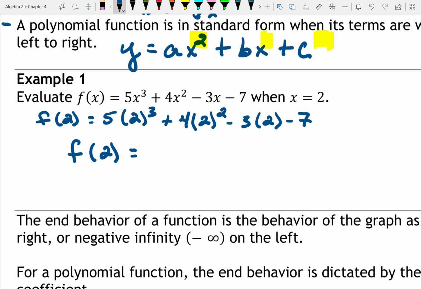I typed that in the calculator and I got 43. And that's all we got to do. We just plug in and we get a number. That means, and what we're going to use in the next example, is that the point (2, 43) is on this graph here, right? If we were to graph that function, it would have the point (2, 43) on it.